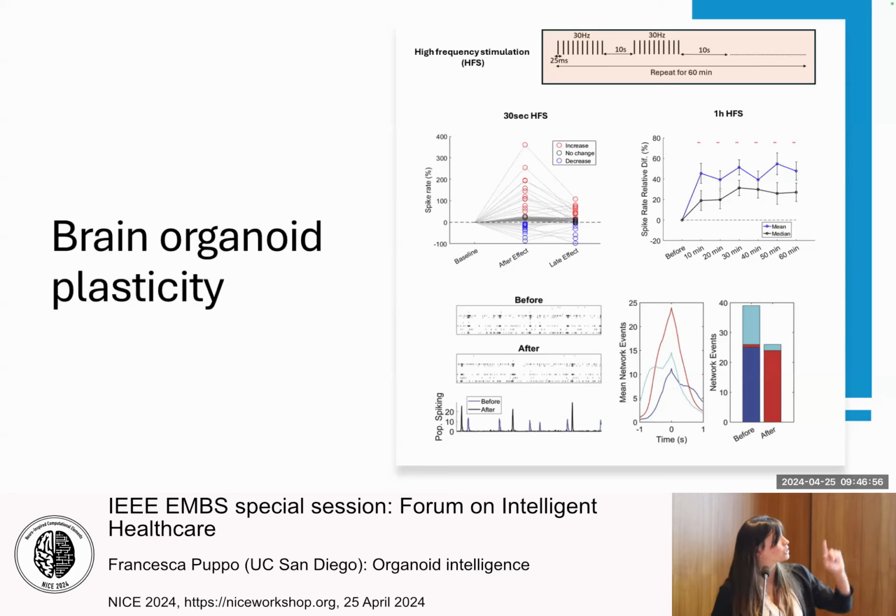In the first graph, we see just 30 seconds of high-frequency stimulation, and already right after the stimulation and 1 hour after, the spiking rate of the organoids is increased for some of the wells, decreased for some others, and it's kept higher than the baseline for quite some time.